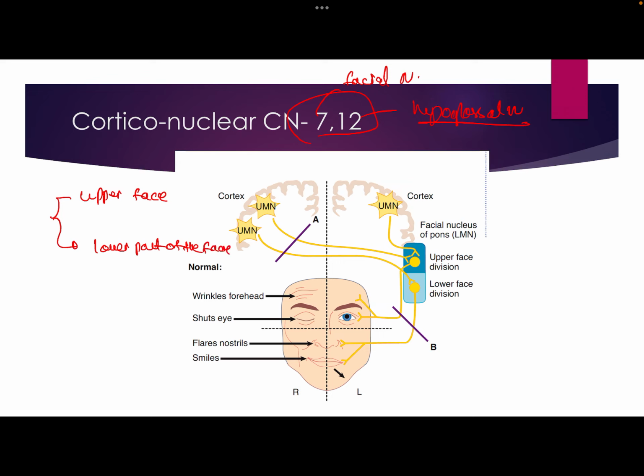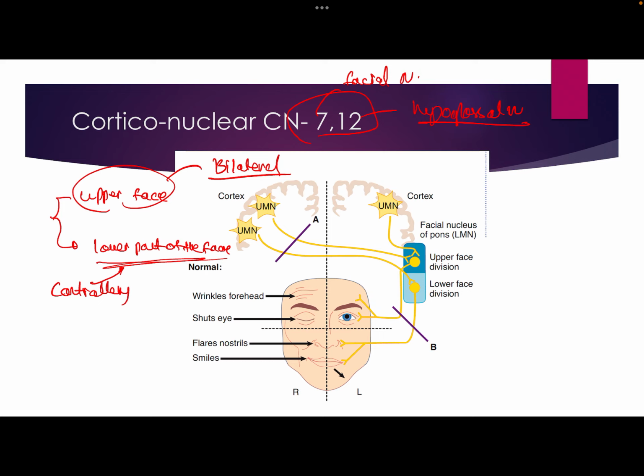The upper part is innervated bilaterally. So technically, if your corticonuclear tract is destroyed, the upper face won't be affected because it's compensated by the contralateral corticonuclear tract. However, the lower part of the face is innervated only contralaterally, that means by one corticonuclear tract. The upper face is innervated by two corticonuclear tracts. The lower face is innervated by one corticonuclear tract.